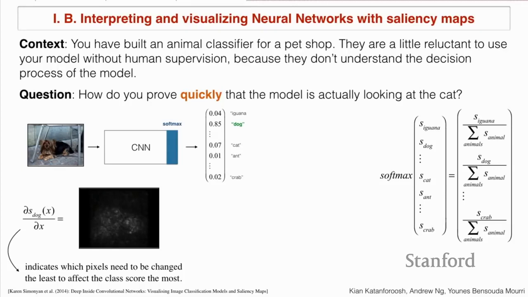So maybe moving a certain pixel will minimize the score of fish. And so this pixel will have a high influence on y hat, the general output of the network. But it actually doesn't have an influence on the score of dog one layer before. Does it make sense?